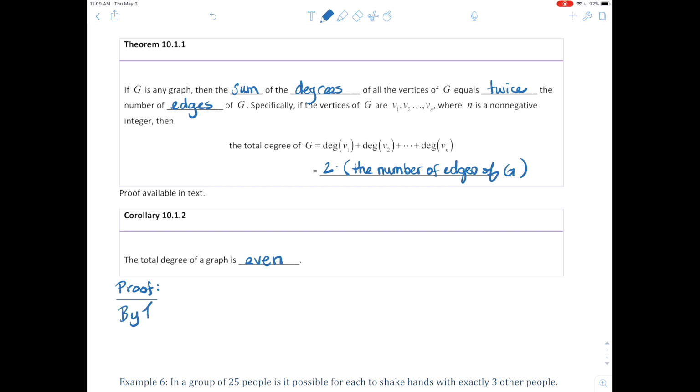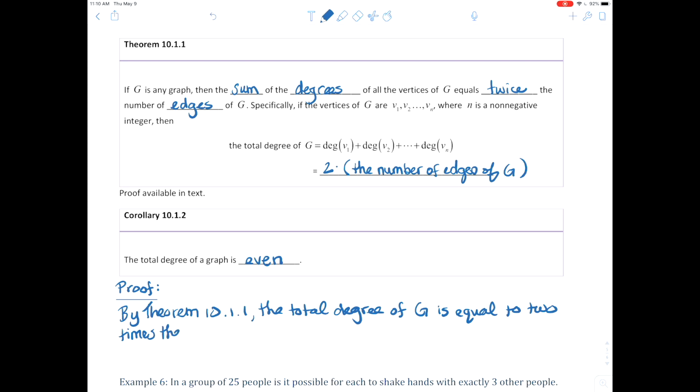So by theorem 10.1.1, the total degree of G is equal to 2 times the number of edges of G, which is an integer because the set of integers is closed under addition and multiplication.